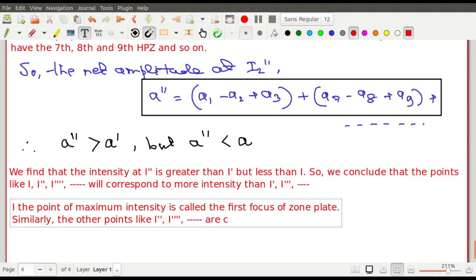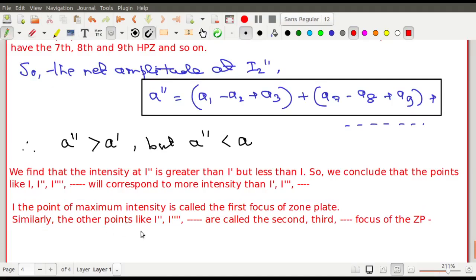They are called the second, third, comma, dot focus of the zone plate, right? And this actually leads to the final result that a zone plate has multiple foci.